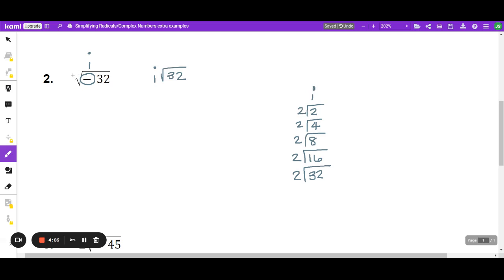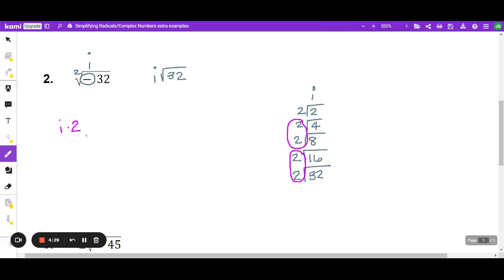So the index, again, the small number in the radical, there's not one. That means that it is a 2. So that means I need to make groups of size 2. So there's a group of 2 2s. I already have the i out in the front. Now I also have a 2.